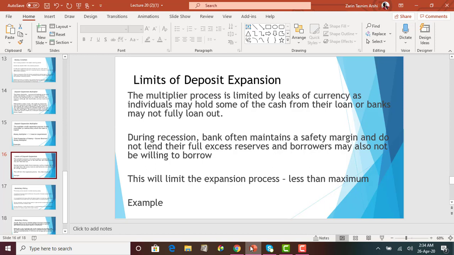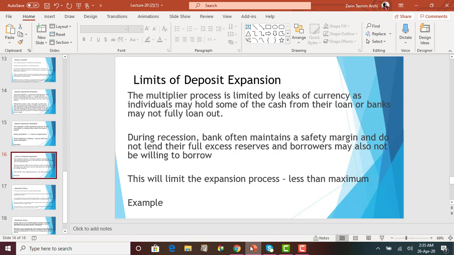So let's say again Tom deposits $1,000, and then Chase keeps $100 aside and gives $900 to Maya. Now Maya decides, when she gets this $900 as a loan, to buy a new laptop, but her new laptop is only $700.